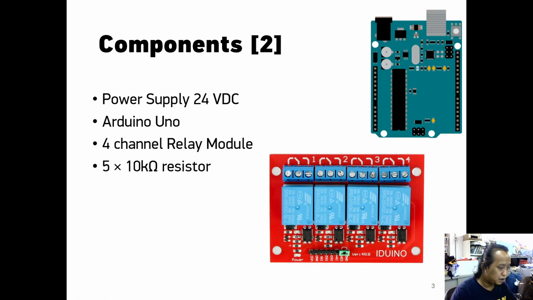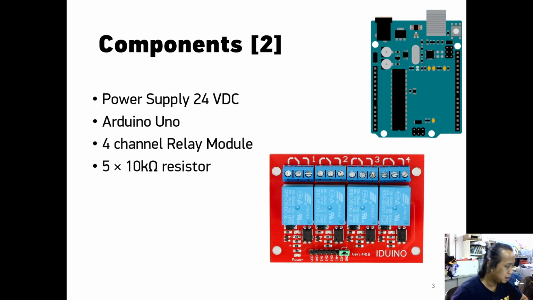And for the electronic components, specifically for the microcontroller, I use this microcontroller and a power supply of 24 volts, due to the specification of the 5x two-way solenoid valve.